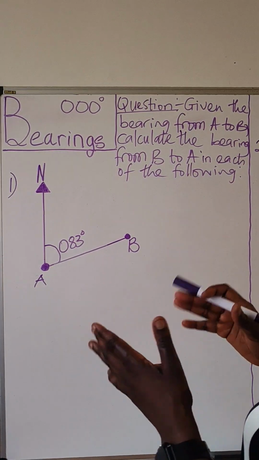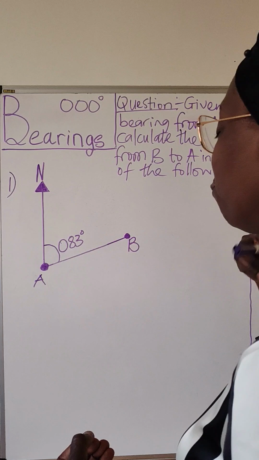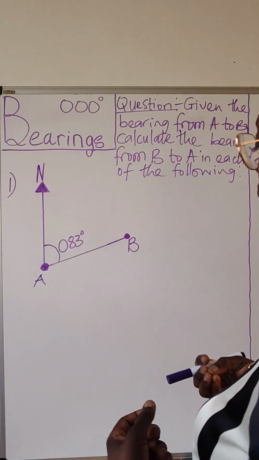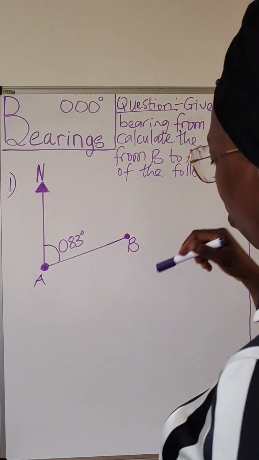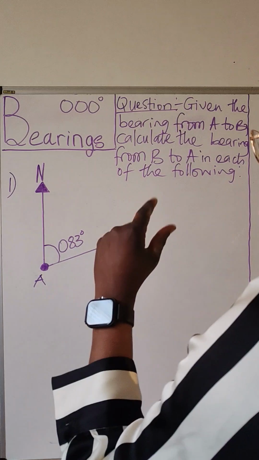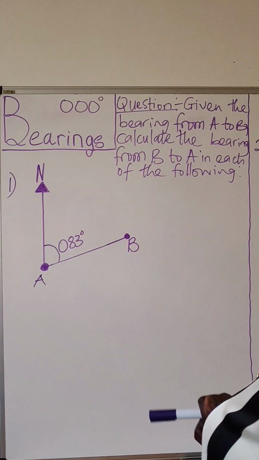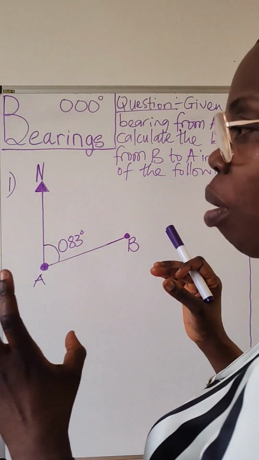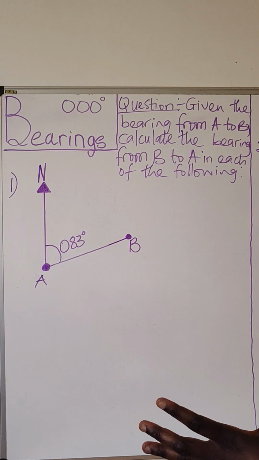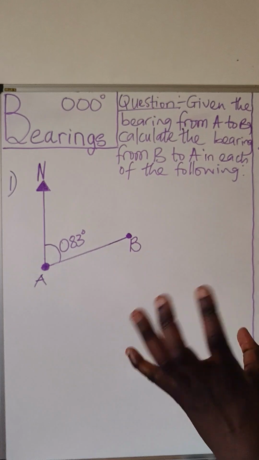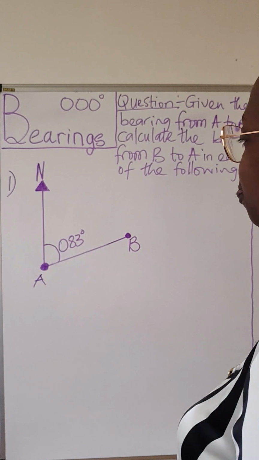The bearing from point A to point B can also be called the bearing of B from A. In the question now, we are asked to calculate the bearing from B to A, which we can call the bearing of A from point B. The preposition "from" is very important in teaching bearings because you have to understand its usage in order to get it right and not mess it up.